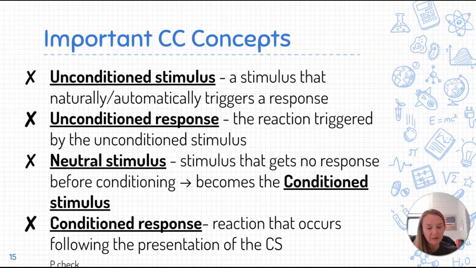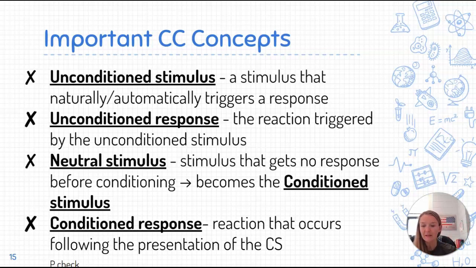Your neutral stimulus is the thing that does not get the response before conditioning or before training. It is the thing that eventually becomes the conditioned stimulus after enough times of pairing it. So the tone in the Pavlov experiment, after you paired tone and food so many times, that neutral stimulus of the tone became the conditioned stimulus.